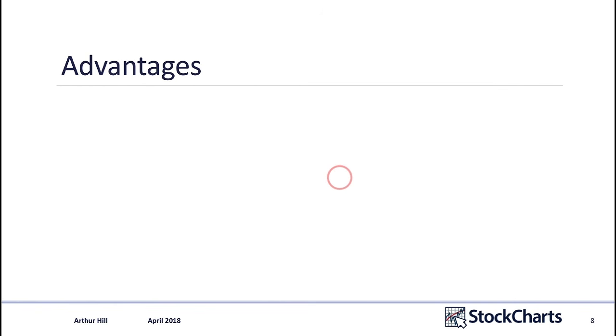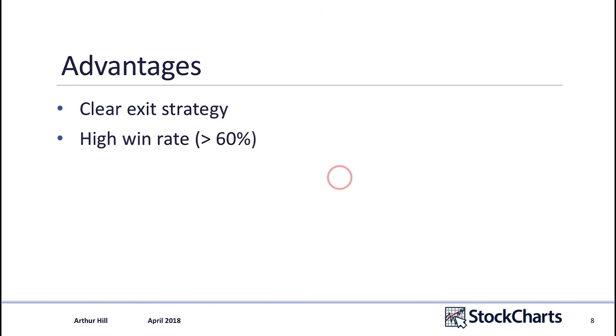So what are the advantages of a mean reversion trading system? Well, first, there is a clear exit strategy. I always sign off my commentary with plan your trade and trade your plan. And when you set a strategy or a system in place, you have a clearly defined entry and you have a clearly defined exit. And you trade according to those rules that you've developed. And with a mean reversion system, we have a clearly defined exit strategy.